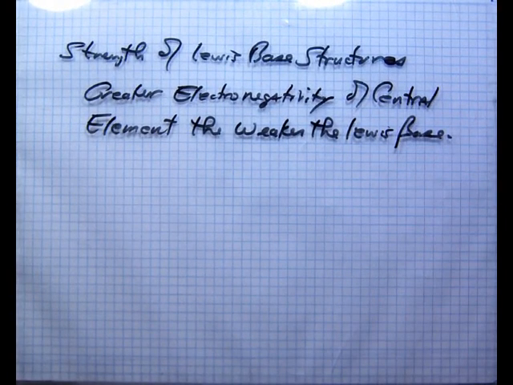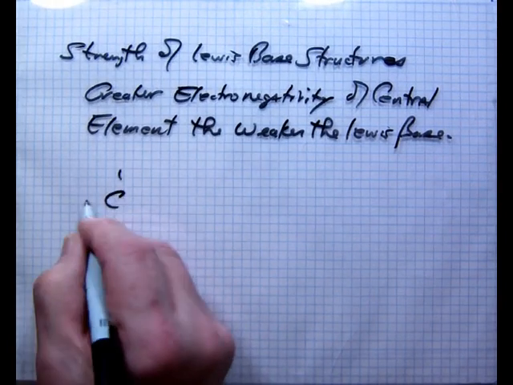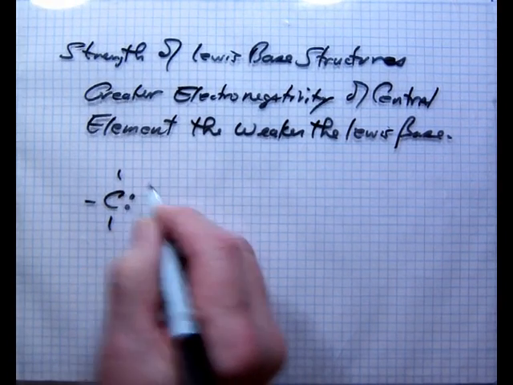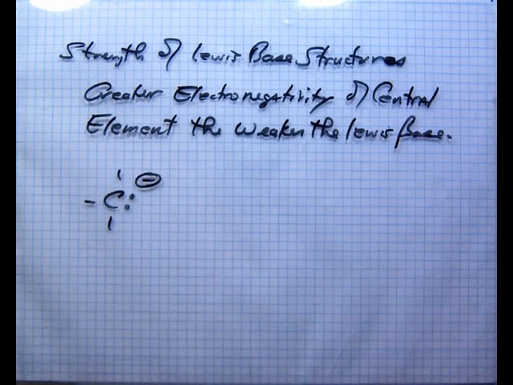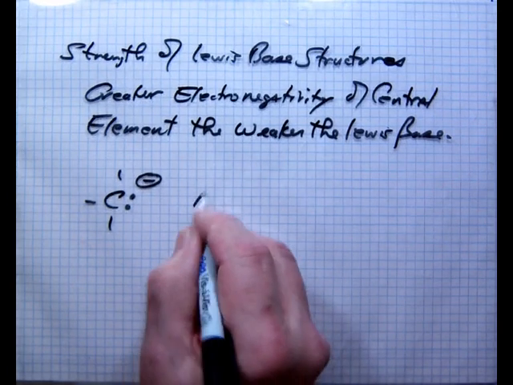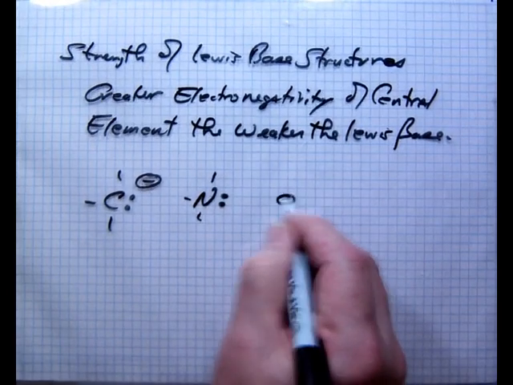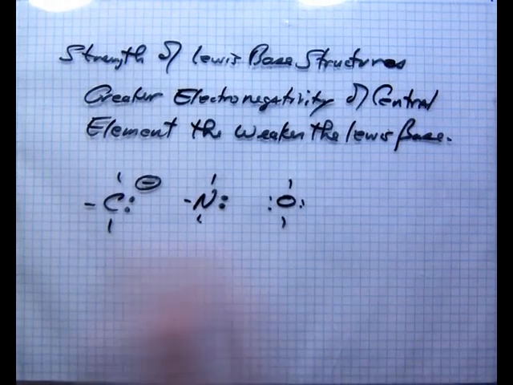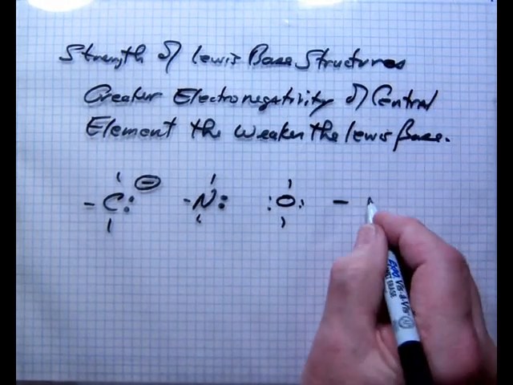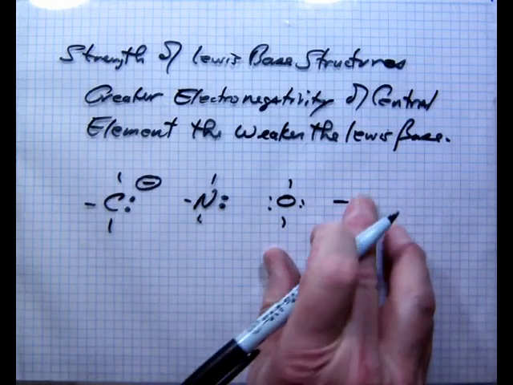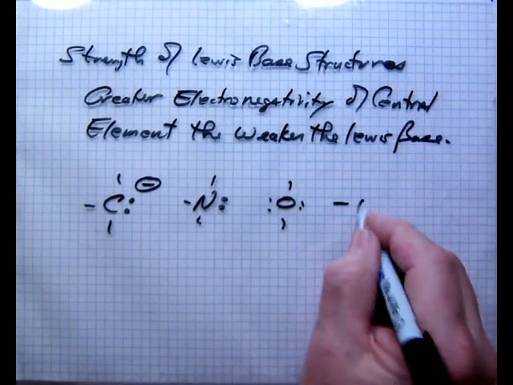Okay, I'm going to draw a series here. Carbon's been ionized, but it has an electron pair sitting there. Anion, carbanion as it's called. And then we'll have nitrogen sitting right here like this. Then we'll have oxygen with its structure like this, and then we'll have a halogen, say fluoride. Let's put fluoride in the sequence.